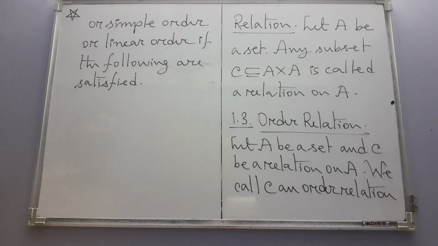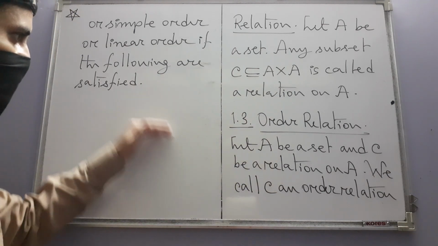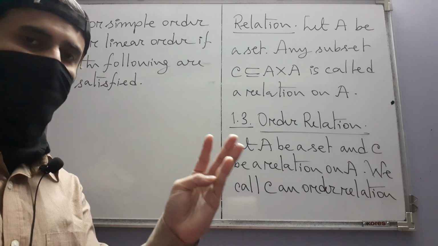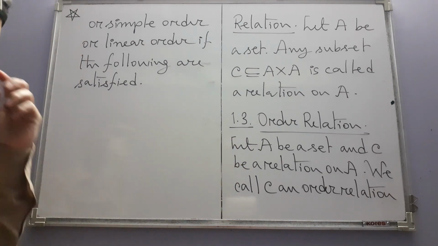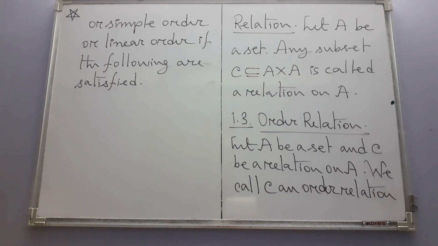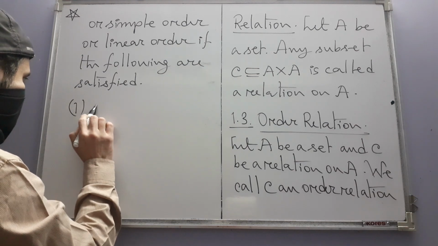Just like the notion of equivalence relations uses 3 conditions: reflexivity, symmetry and transitivity in its definition, here also we have 3 conditions, but the conditions are different. Transitivity is still there.